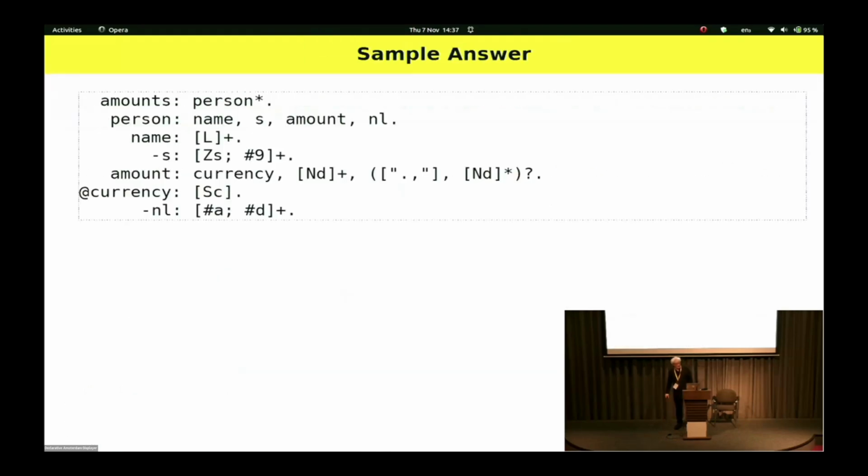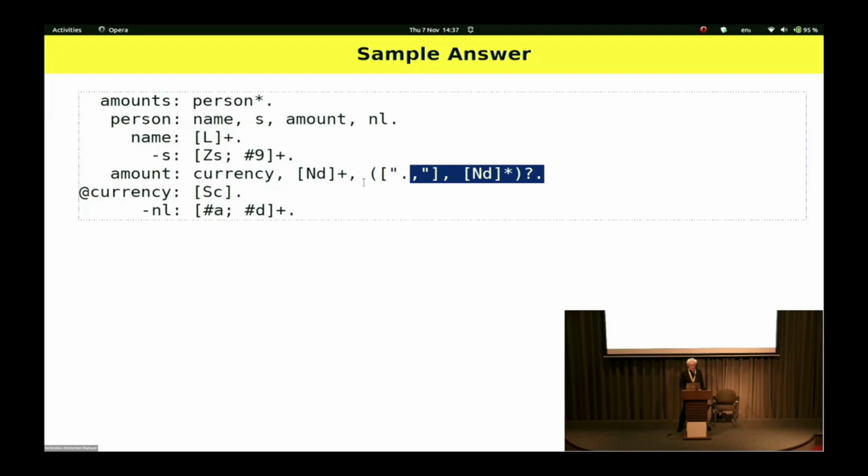Exercise, sample answer. So amounts or lines is just person star, where a person is a name, some space, an amount, and new line. A name is just L+. Spaces are Zs and tab, one or more. Then the amount is currency, a number of digits, and I've gone the extra mile here and done both European and Anglo-Saxon numbers, so either a point or a comma, followed by 0 or more digits.